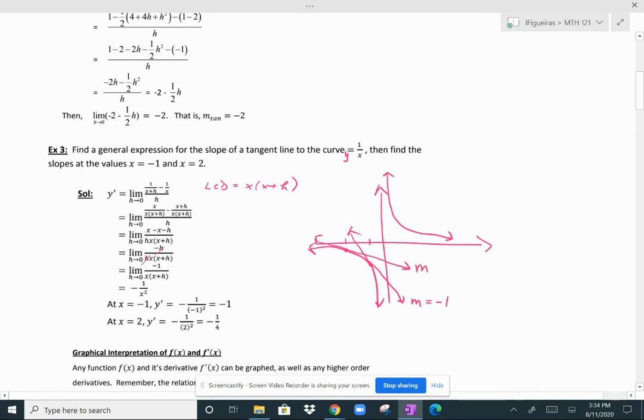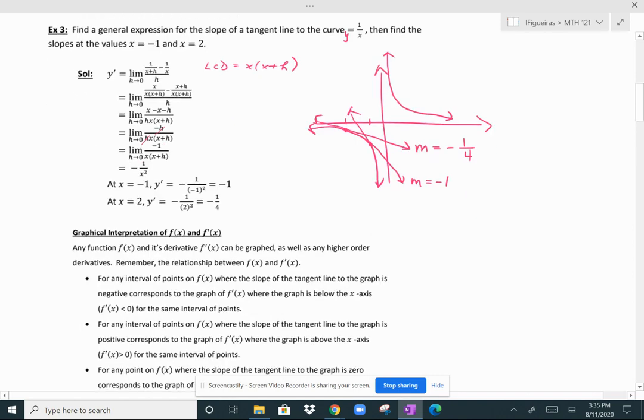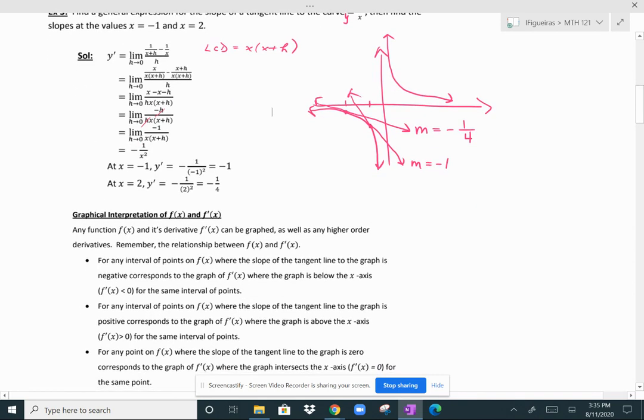So here your slope is negative 1/4. So the closer x gets to 0, the sharper the slope of the tangent line is, and the more negative your x value becomes along this side, your slope will get closer to 0 because it will become flatter and flatter.